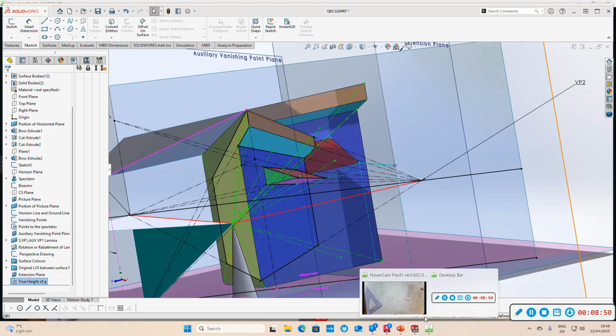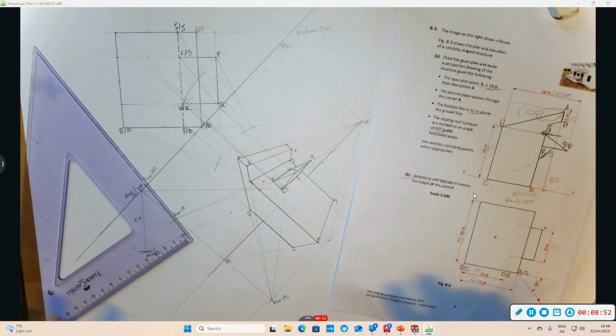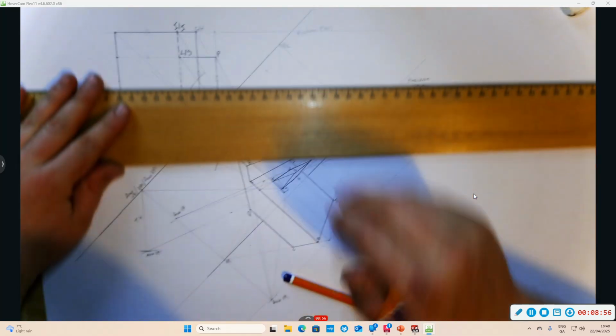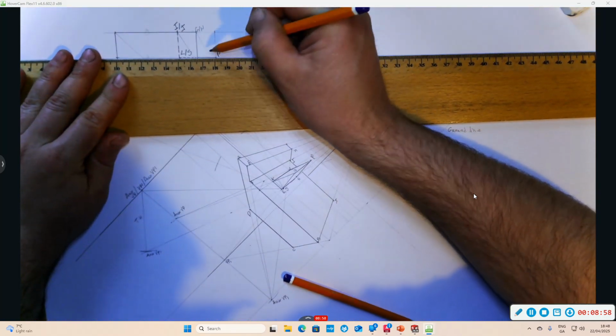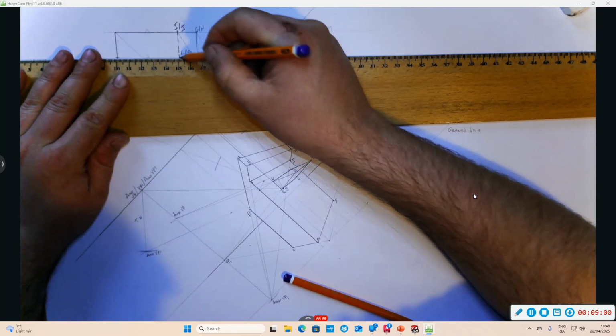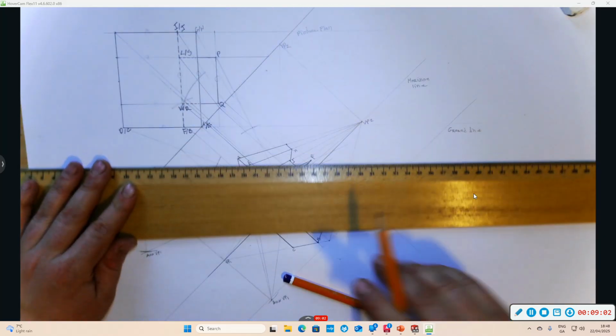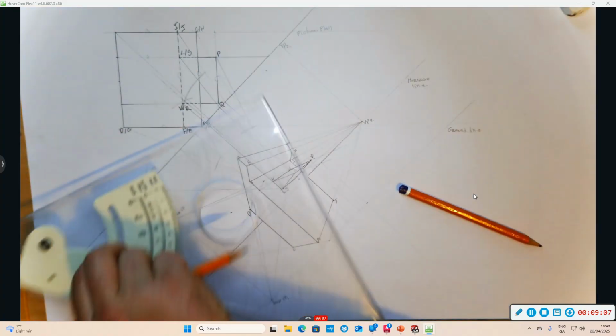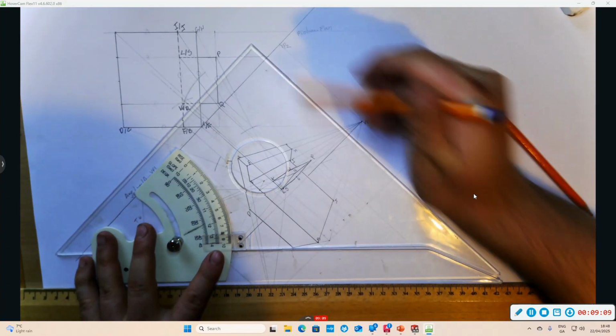So how this works in perspective, we're going to extend this line here. This line would ordinarily go to VP1 in the perspective image. So where it hits the picture plane, we're going to bring this down.